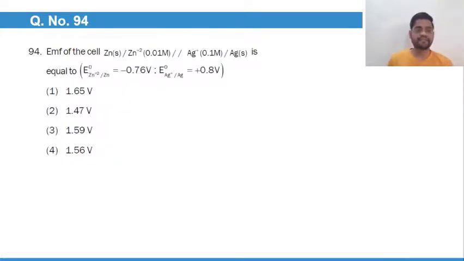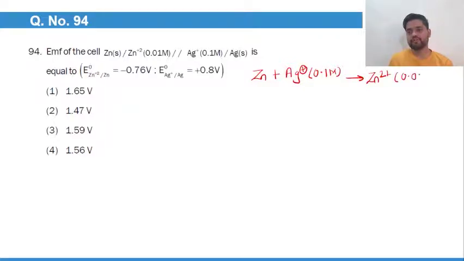Then 94. EMF of a cell of this is equal to this. If I want to write this particular reaction, it is zinc combines with Ag plus of 0.1 molar to give you zinc 2 plus of 0.01 molar plus silver, right? First of all, we need to calculate the standard EMF of the cell. That will be right hand side minus the left hand side.